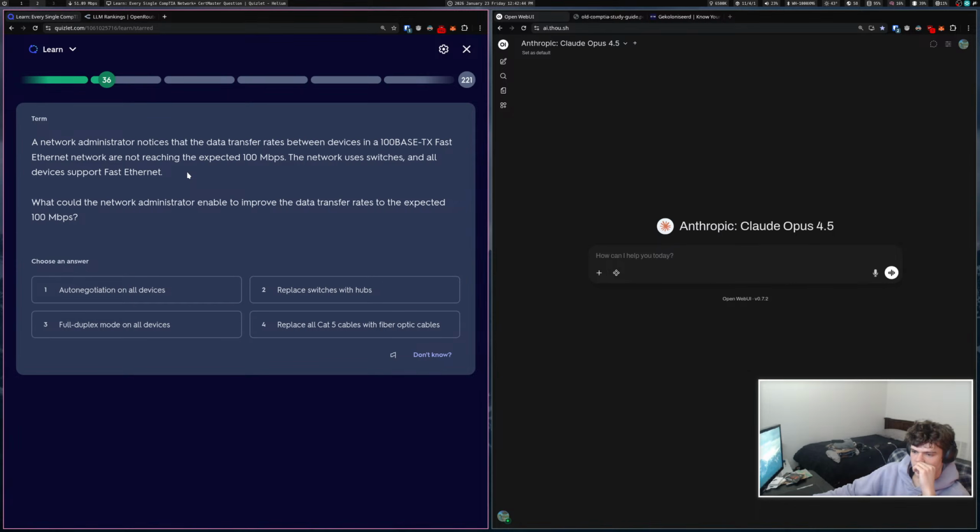It's not 2, it's not 4. That's what I was thinking. But it could also be auto negotiation. I mean, yeah, if it says all devices support Fast Ethernet. Yeah, okay.